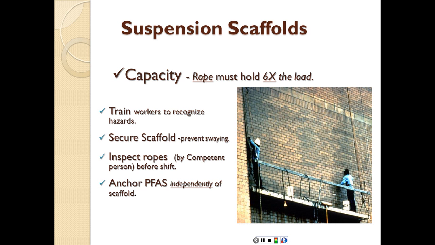It's going to be 6 times the load. Train workers to recognize the hazards. Secure the scaffold to prevent swaying, especially if working in windy conditions. Inspect the ropes by a competent person before each and every shift. And anchor PFAS independently of the scaffold, because you want to have another anchorage point separate from the scaffold itself.